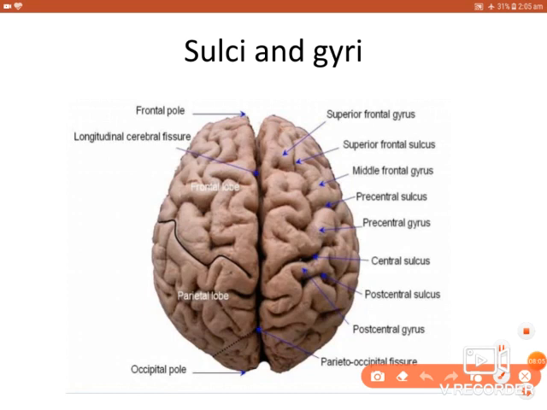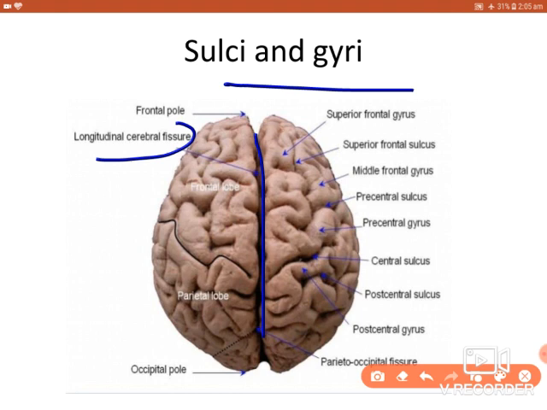Coming to the important sulci and gyri. This is the superior view. Here you can see one fissure, the median fissure, that is the longitudinal cerebral fissure. In the superolateral surface, this is the central sulcus, a deep, uninterrupted sulcus from the superomedial border towards inferolaterally.